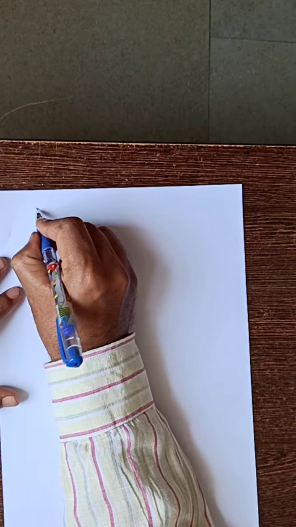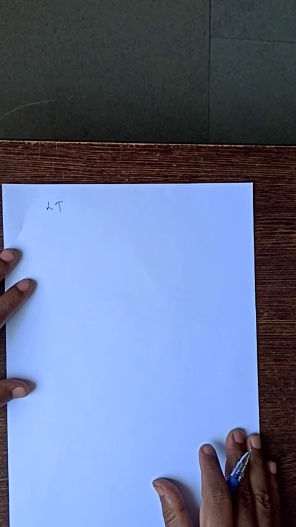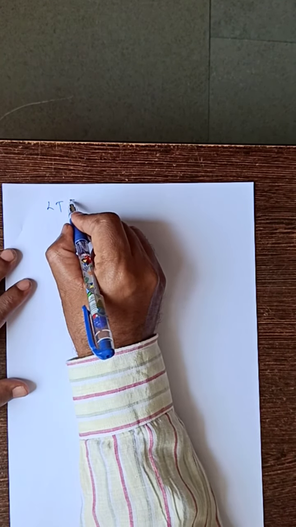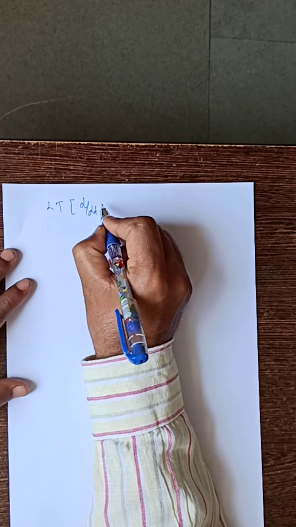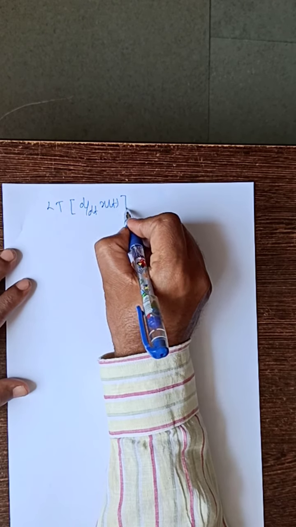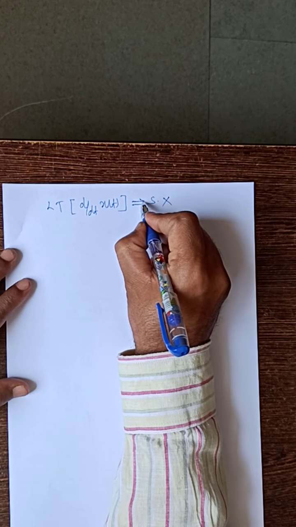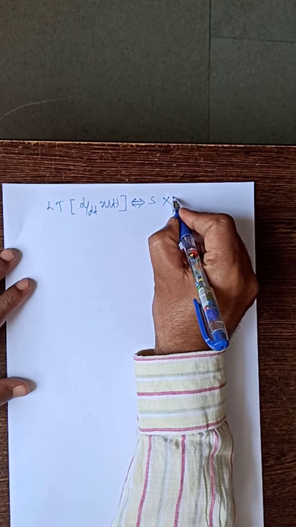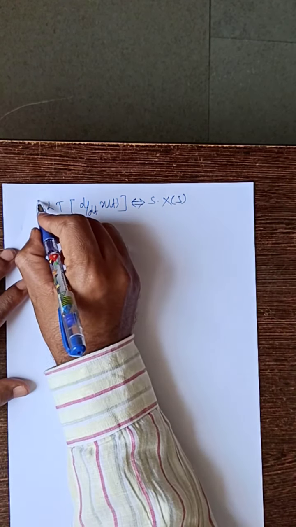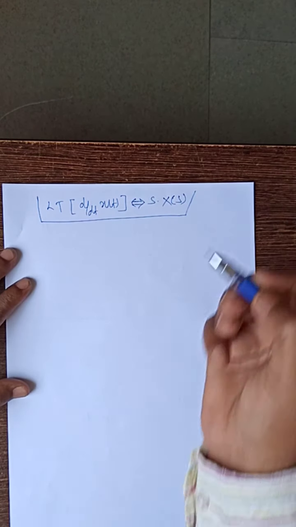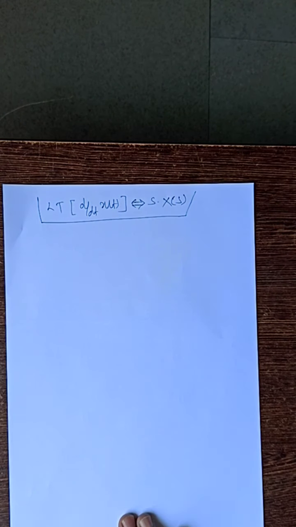So you can write finally, the Laplace transform of d by dt of x of t is equals to s into X of s. Thus it is proved. Thank you.